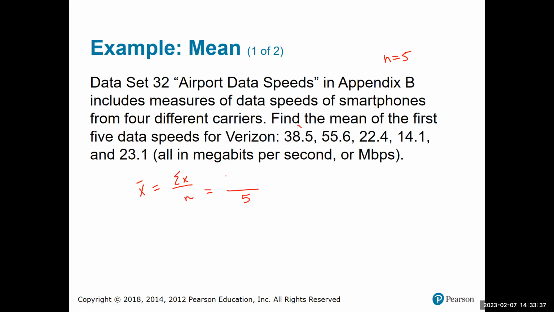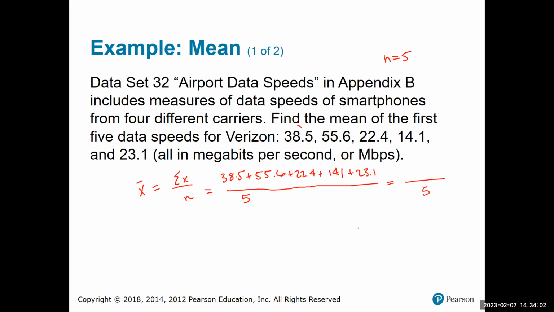All right, so we're going to have 38.5 plus 55.6, we're going to add up all of our X's, plus 22.4 plus 14.1 plus the last one, 23.1. We're going to add up all of those values. We're going to divide by 5. So let me get my calculator out. Maybe if you have one on you, you'll do the same.